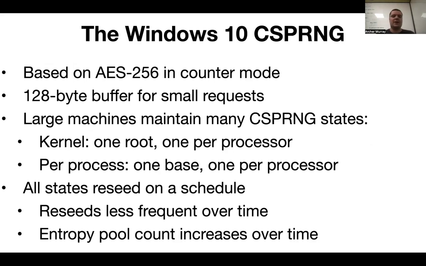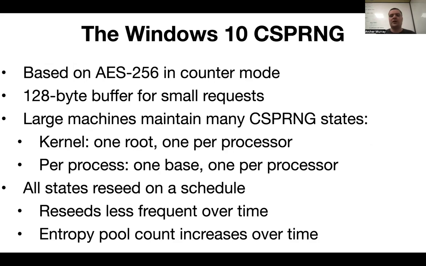Also, much like the earlier CryptGenRandom, Windows 10 maintains a lot of CSPRNG states. Not only does it maintain one for the kernel and one per process, for each of those processes it also has one state per processor, in order to allow more efficient generation of random numbers.